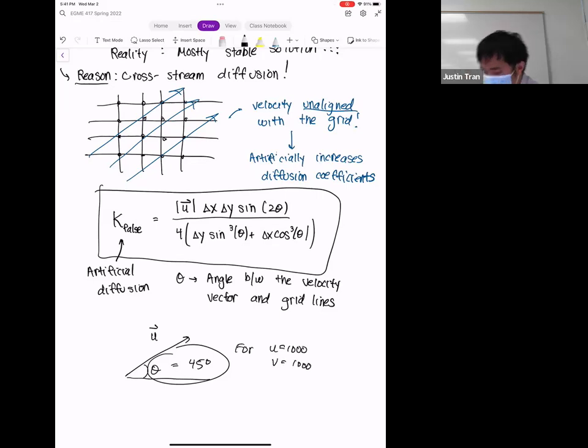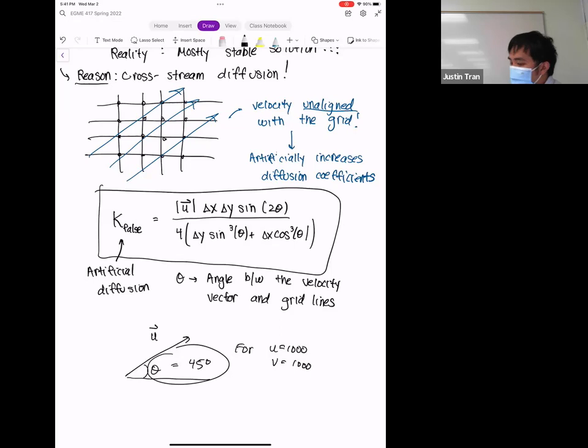And if theta is equal to 45 degrees, you can see that that's the theta that actually maximizes the equation above. And so since you have sine 2 theta, we know that sine is a maximum when the argument within sine is 90 degrees. And then in order to get 90 degrees on the inside, for this equation, theta has to equal 45.